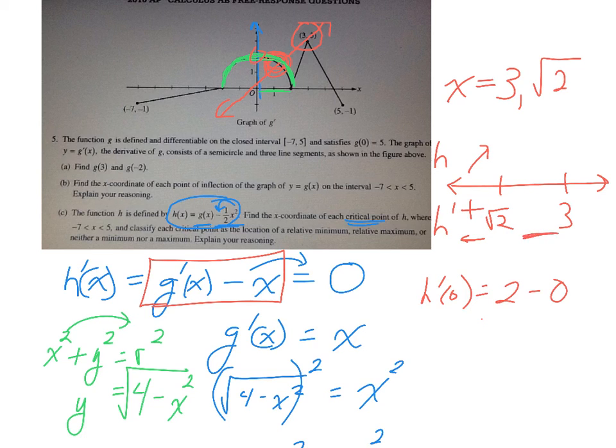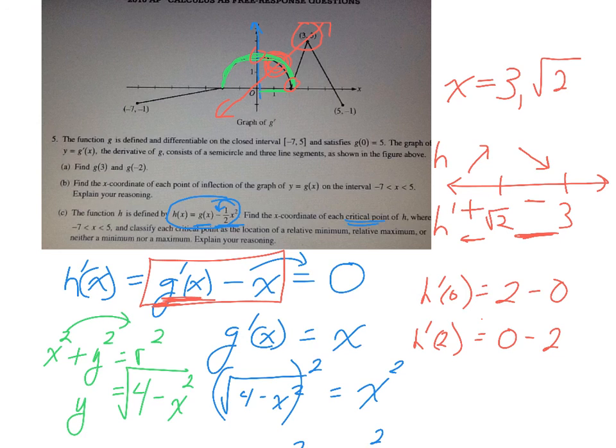We need something in this interval right here. So again, 2 works, and 2 is nice because we know what that is, right? 2 is in the interval between root 2 and 3, so let's go h prime of 2. Well, g prime of 2 is 0 minus 2, so that is going to be negative, and we're going down.